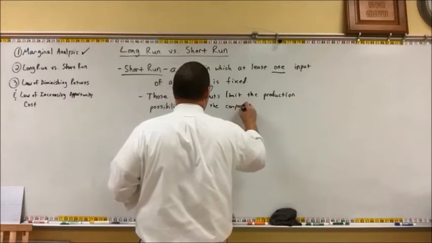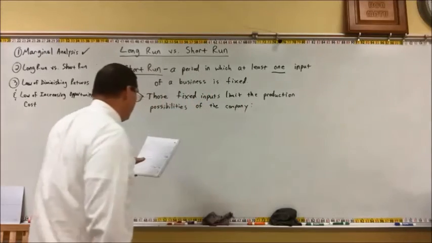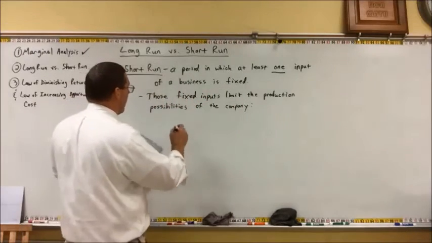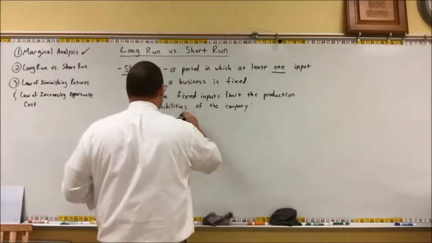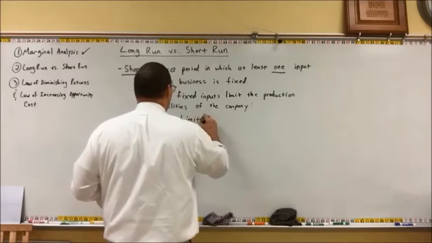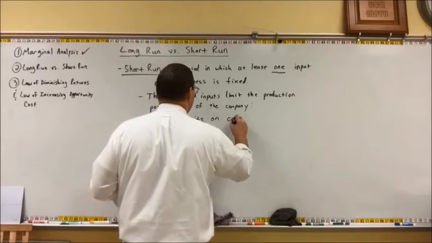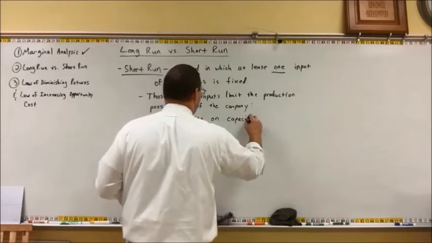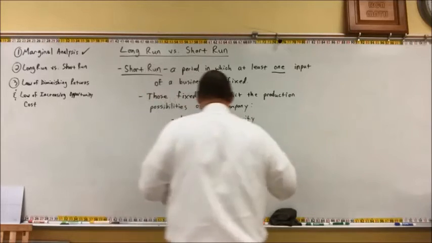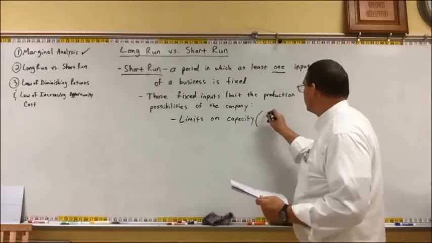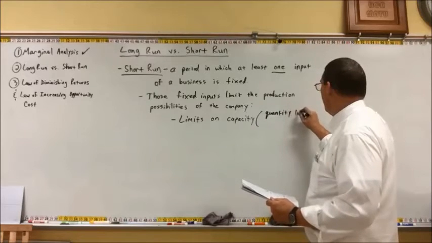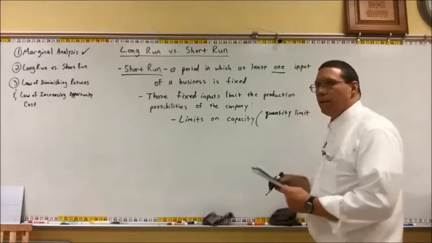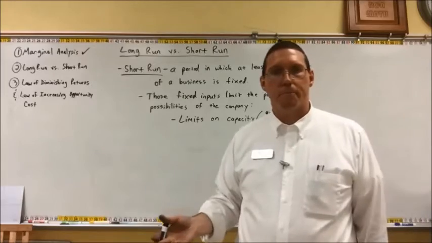All right, so here are 3 of the limitations that a business can have because they're in the short run. The first one, the business has limits on capacity. Okay? What that means is it's a quantity limit. They can only make so much stuff because they only have so much fixed capital.